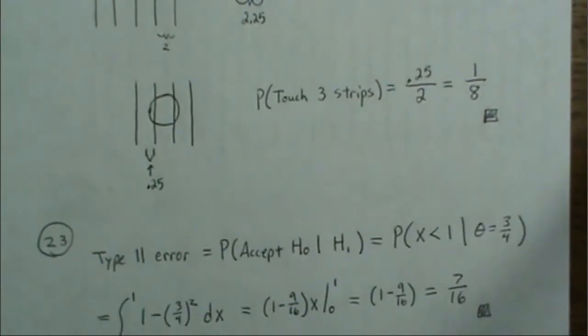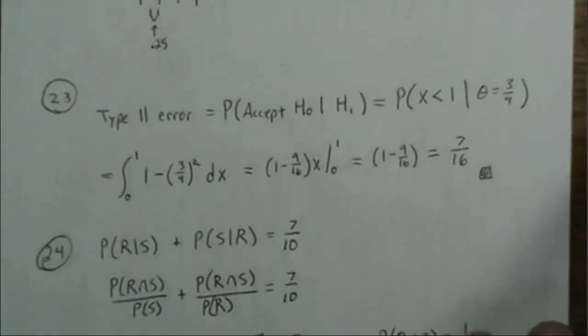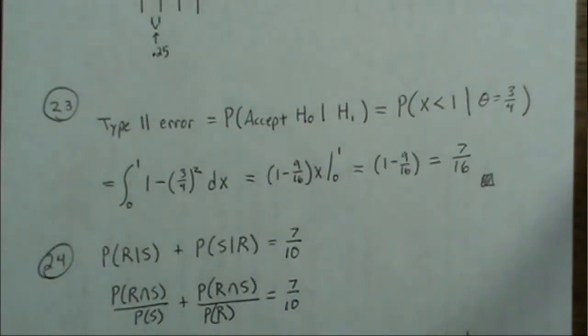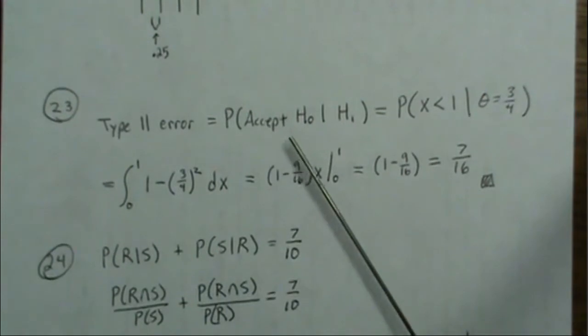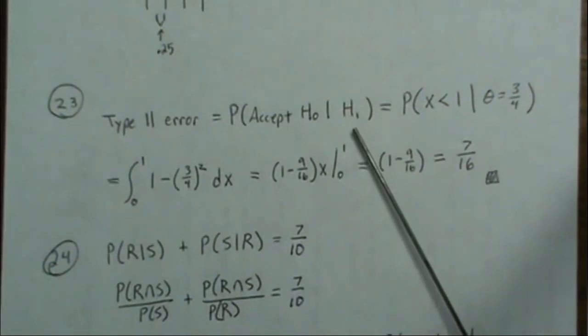So problem 23, we have a single observation, and we want to calculate the probability of a type 2 error. So note that is the probability that we accept the null, given that the alternative is actually true.